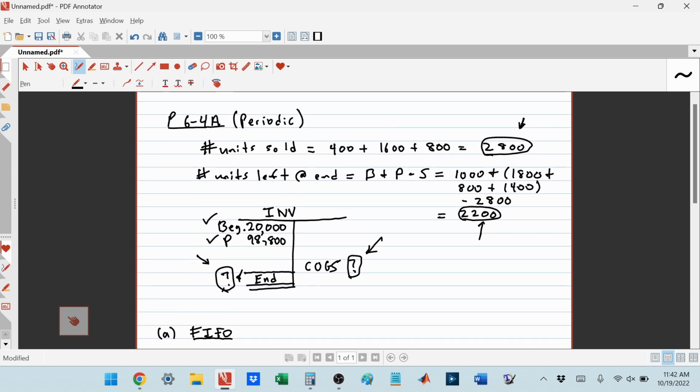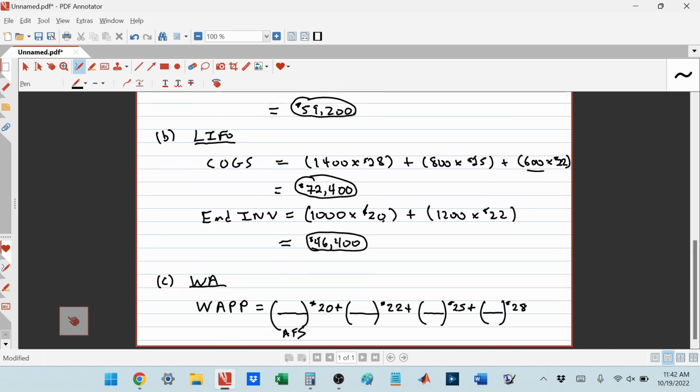And for that, that's this right here. Units in beginning inventory plus all of our purchases, which I think we determined earlier was 5,000. So put 5,000 in the denominator.